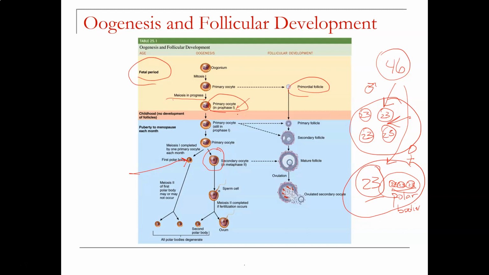But if it is in that big Graafian follicle, then right before it's ovulated in the fallopian tube, it's going to complete meiosis 1, and it's going to begin meiosis 2, and it will be ovulated, rested in that stage, in metaphase 2.